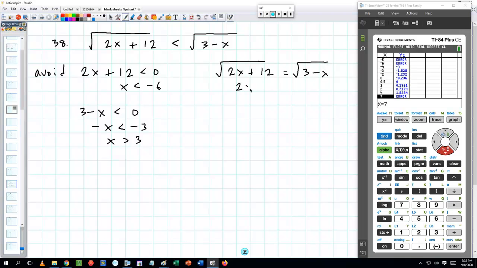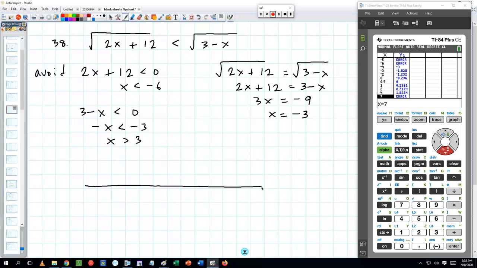Square the two sides. Bring that x over. Subtract that 12. Divide the 3. So we have, what do we have?